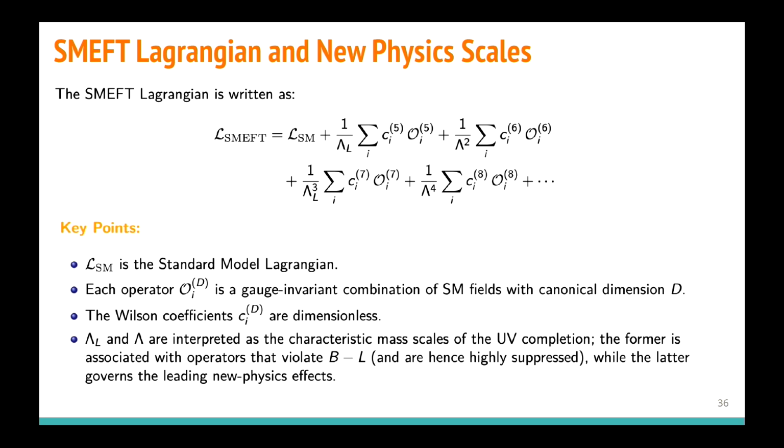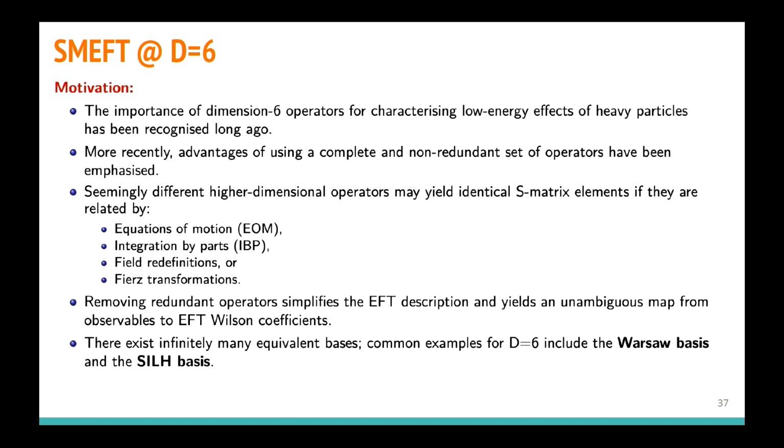So the L_SM is the standard model Lagrangian. Each operator is gauge invariant, as we know, under the combination of standard model fields with the canonical dimension. The Wilson coefficients are all dimensionless, and these are interpreted as the characteristic mass scales. So now, to motivate the importance of dimension 6 operators to characterize low energy effects of heavy particles, this has been known for quite some time.